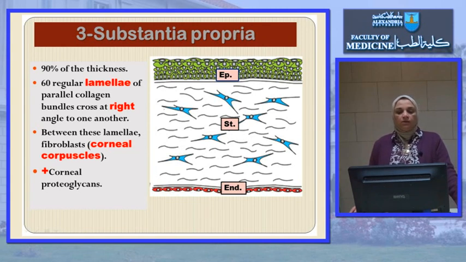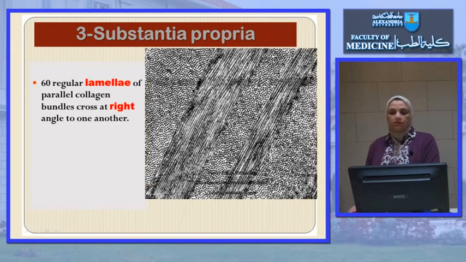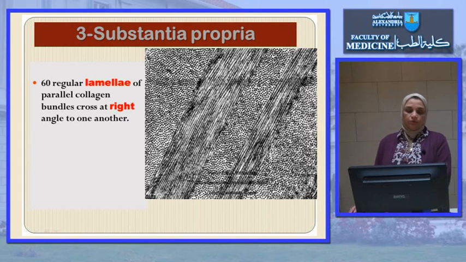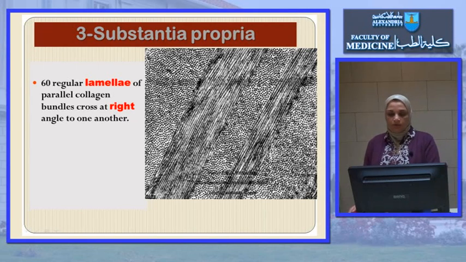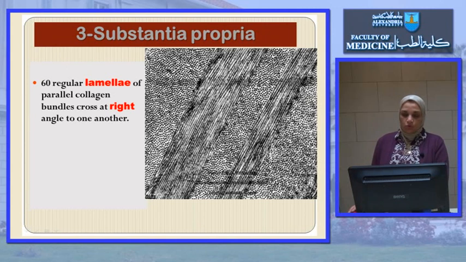So the stroma consists of the collagen bundles, and in between the corneal corpuscles and ground substance. And these are the lamellae at right angles to each other with uniform spacing. This uniform spacing and the regular arrangement will contribute to the corneal transparency.